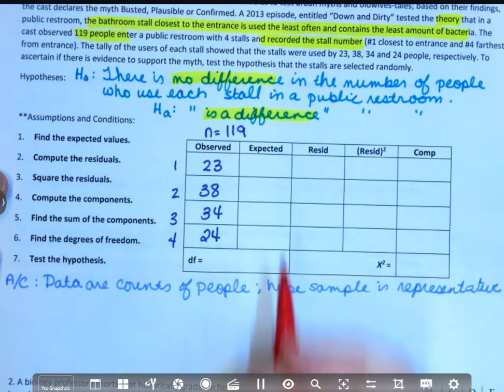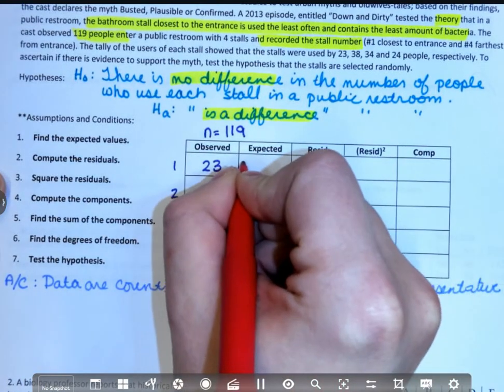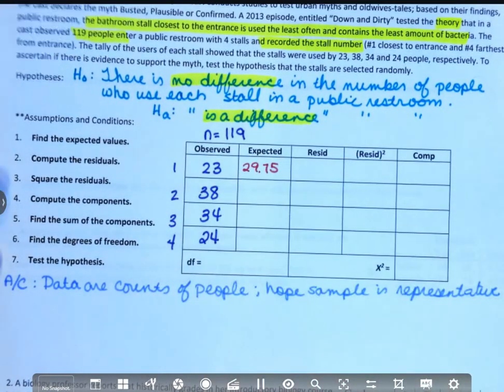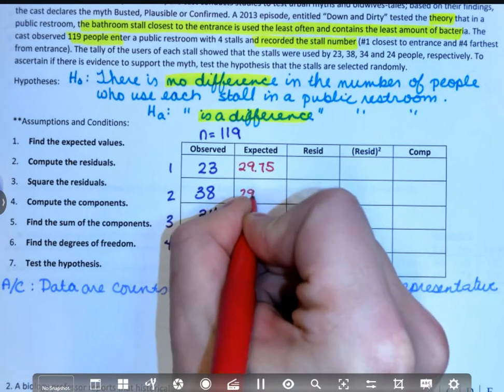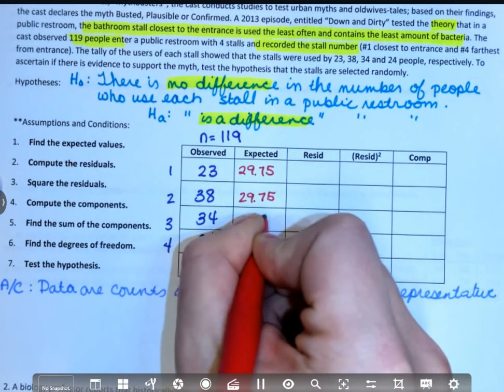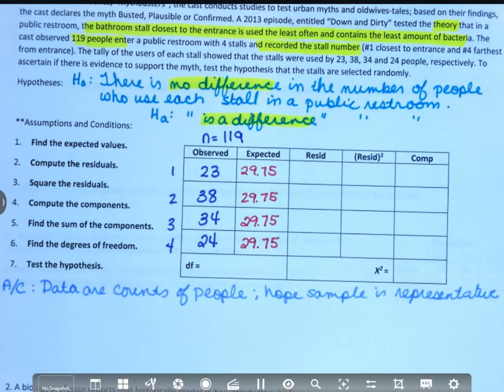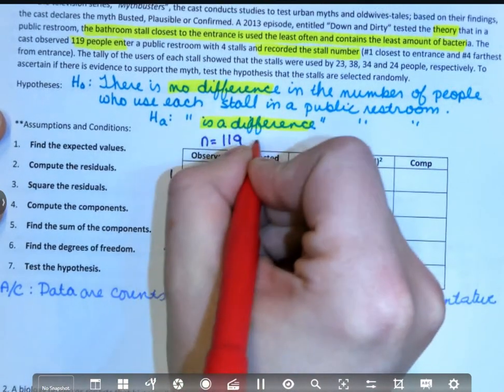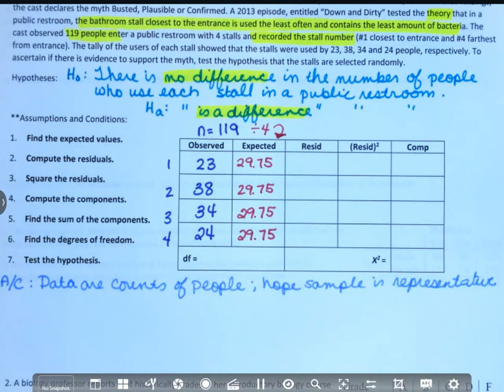So what is 119 divided by 4? 29.75. And hey, you know what's great? If my expected thing is that there is no difference, all of these are 29.75. I took the total and divided it by 4 to get my expected count.